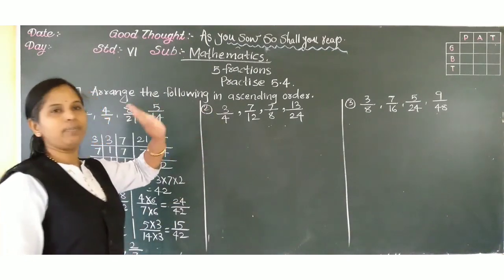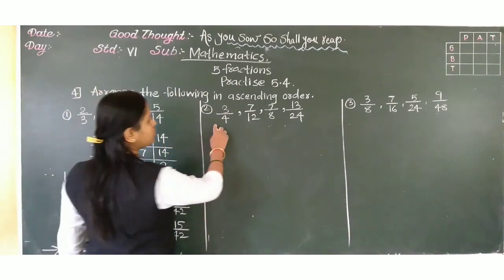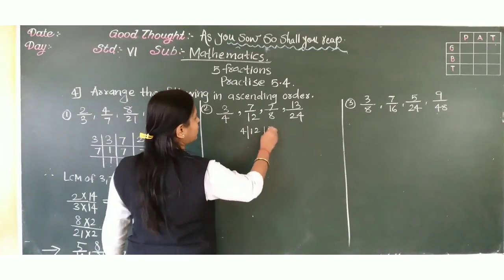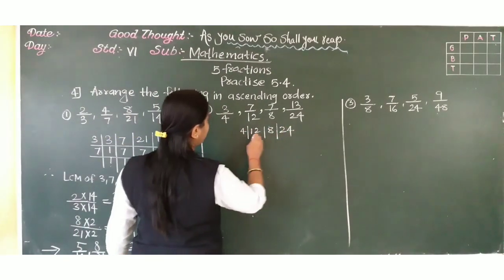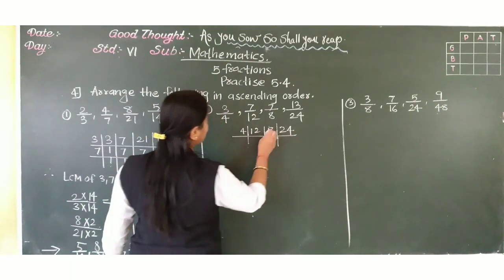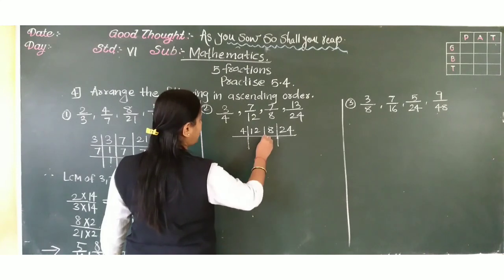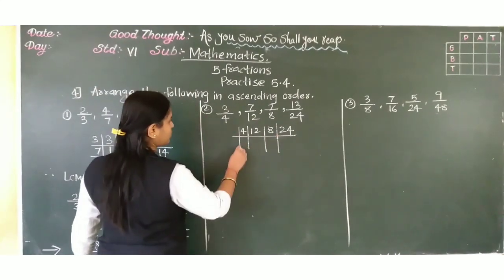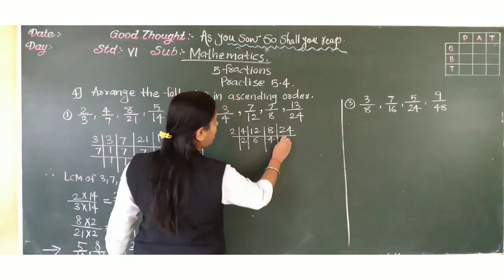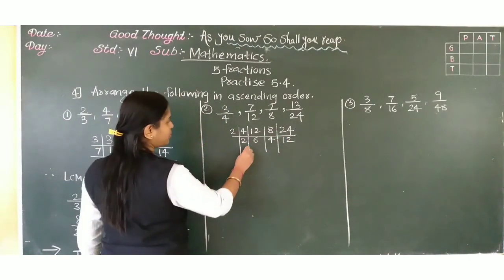So here also, same thing we have to do. Let us take the LCM of 4, 12, 8 and 24. Okay. So divide it by prime numbers. 2 twos are 4, 2 sixes are 12, 2 fours are 8 and 2 twelves are 24.